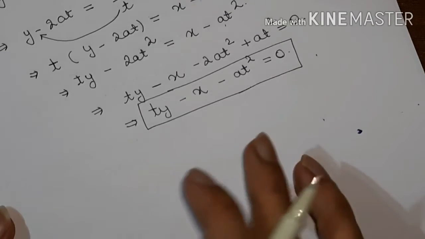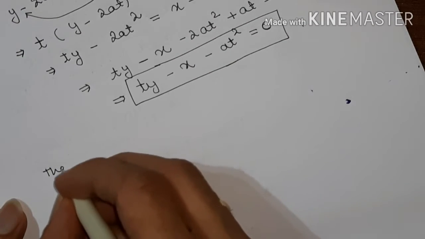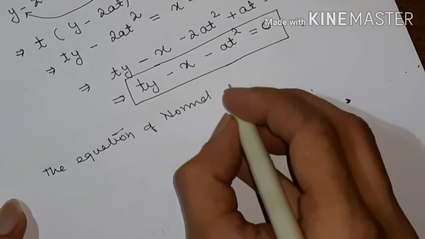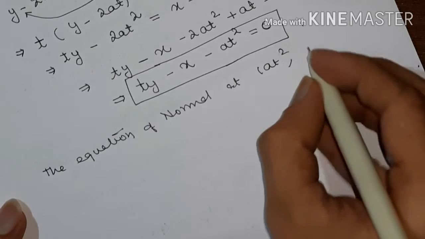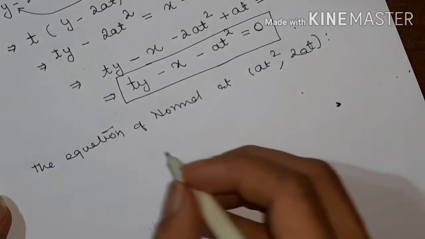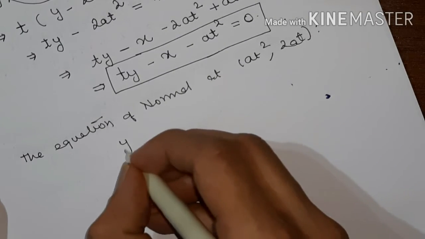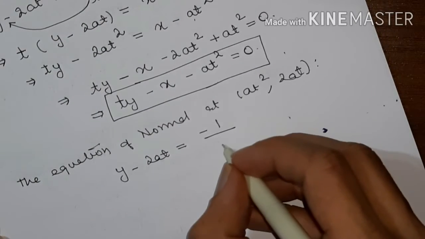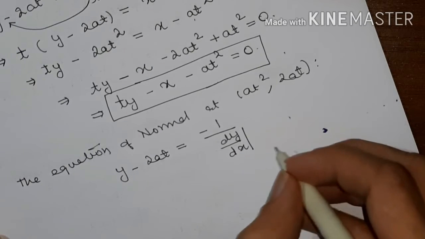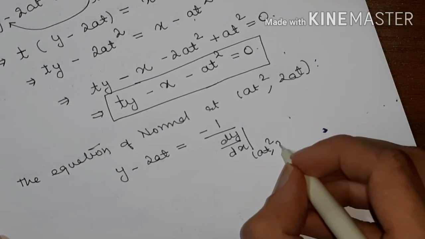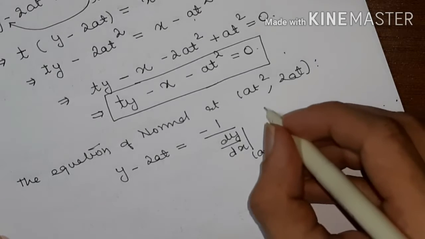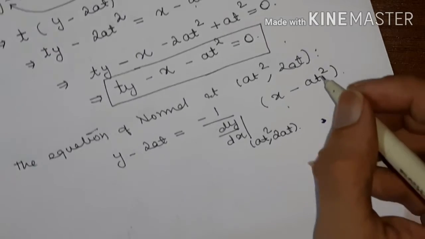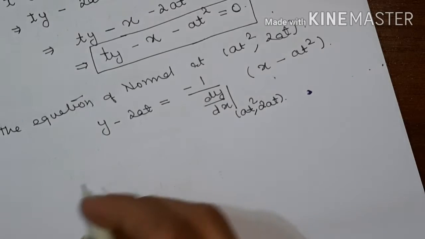Now we have to find the equation of the normal at (at², 2at). You know the formula, so that is y minus 2at equal to minus 1 by dy by dx at the point (at², 2at), times x minus x naught, that is at².